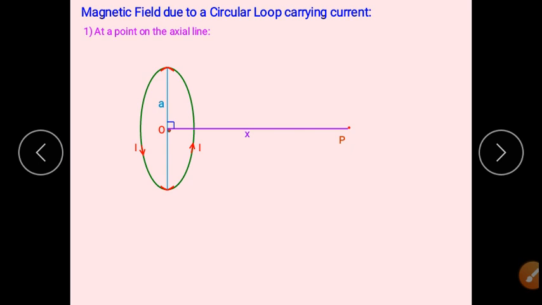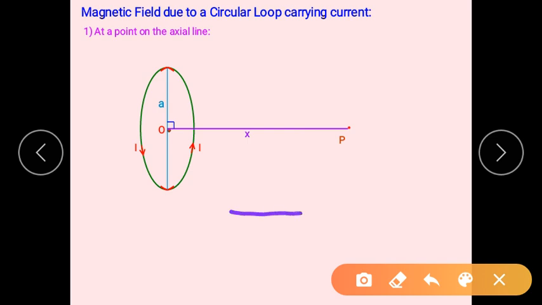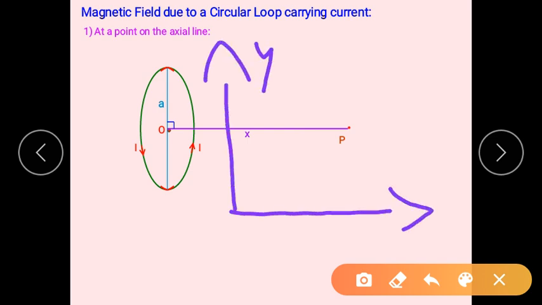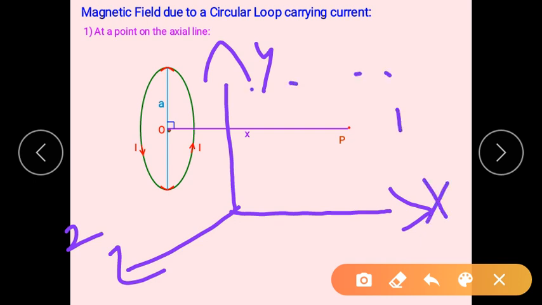Okay, that is, this is x-axis, this is y-axis, and this is z-axis. Therefore, we are drawing the figures in xy plane.